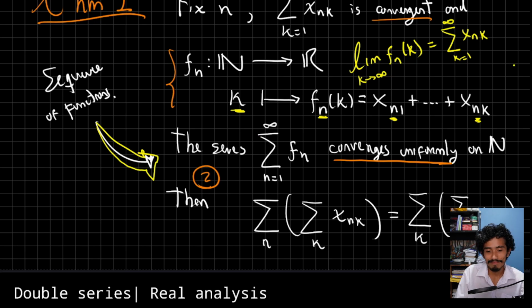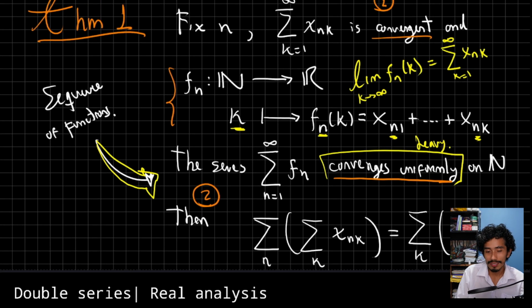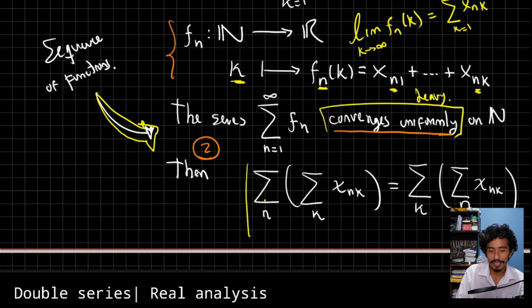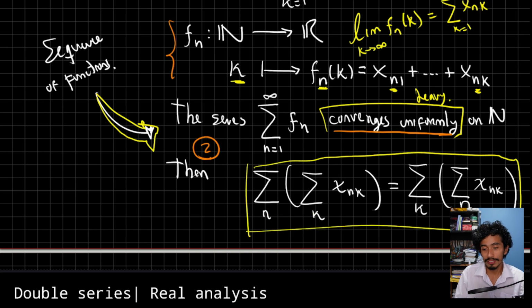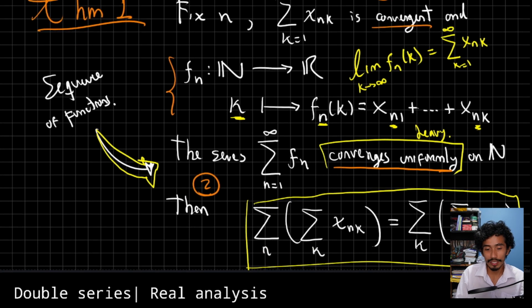But as I told you, the fact that this is uniformly convergent is heavy. By all means, this is not a general property, and I want to end this video by showing you explicitly one double series that doesn't hold this property.